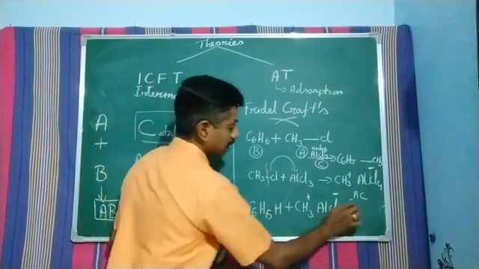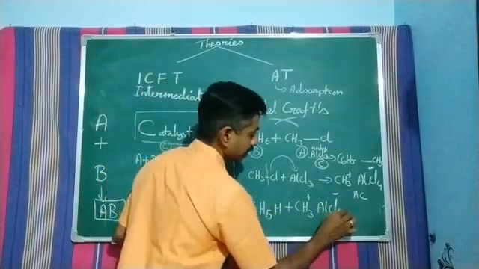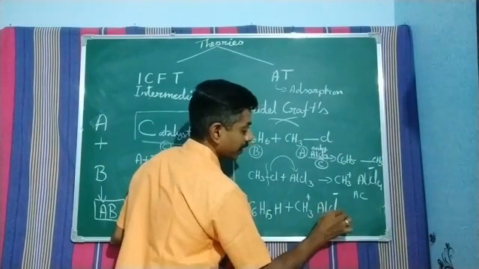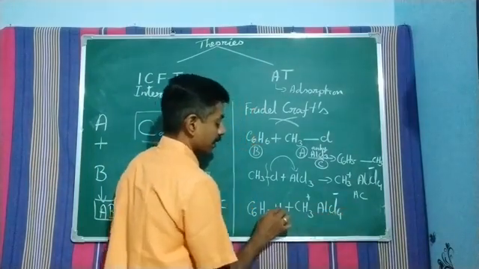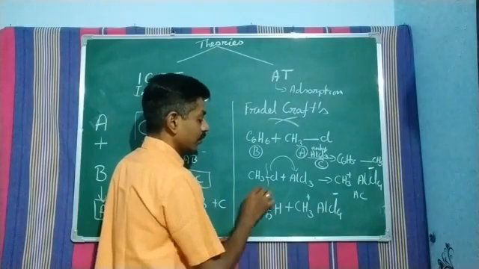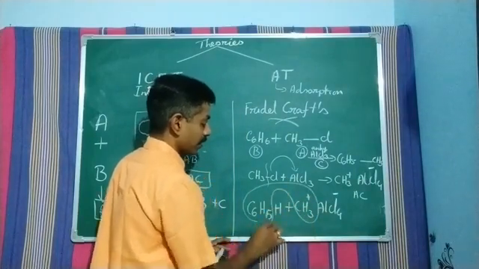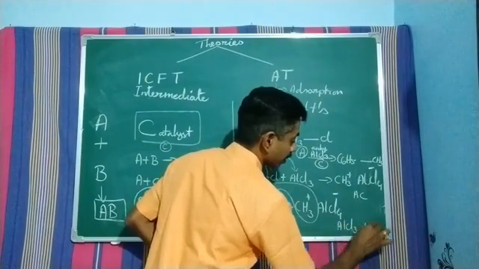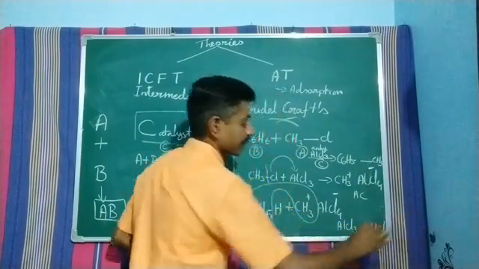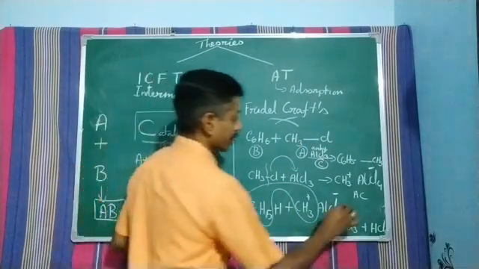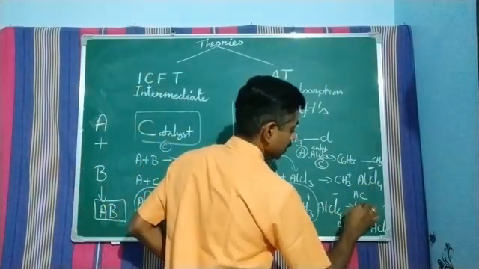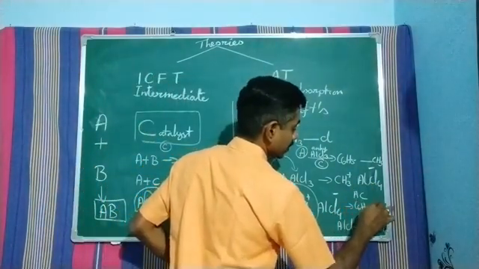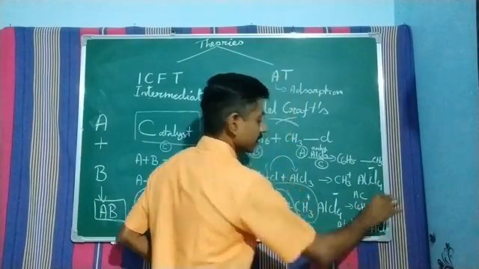So this hydrogen will react with the chlorine of AlCl4-, thereby these two will form HCl as a product, and aluminum chloride will be regenerated and hydrochloric acid will be removed. The final product is C6H5CH3, that is methyl benzene.